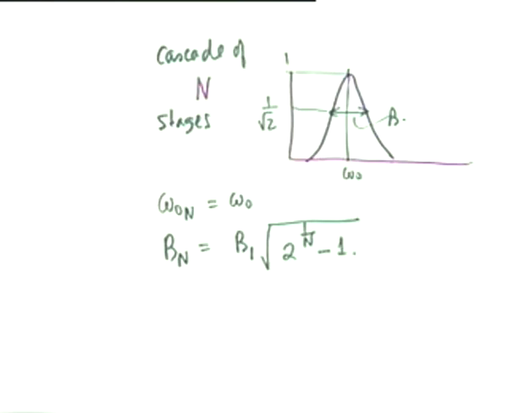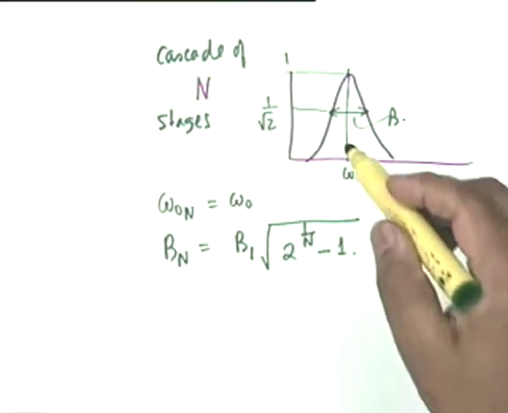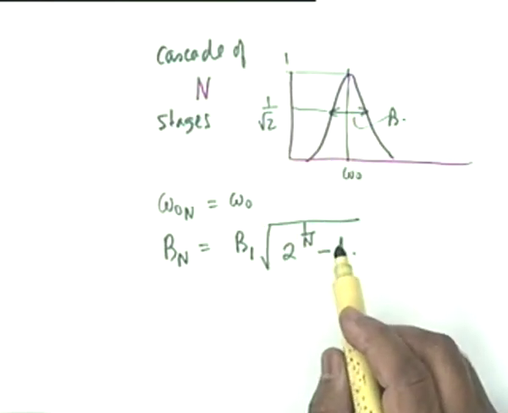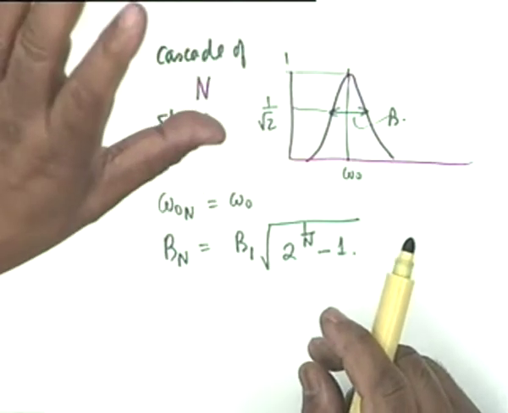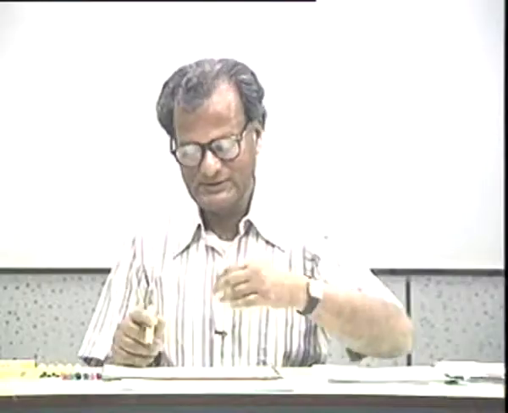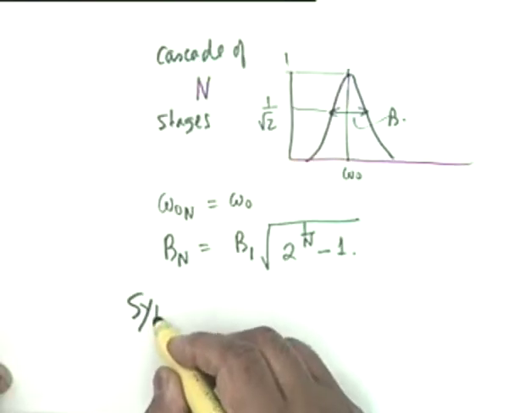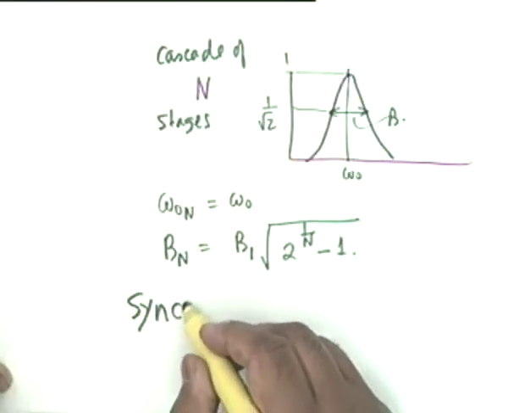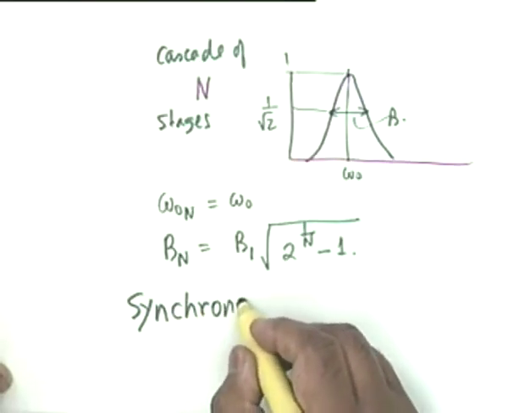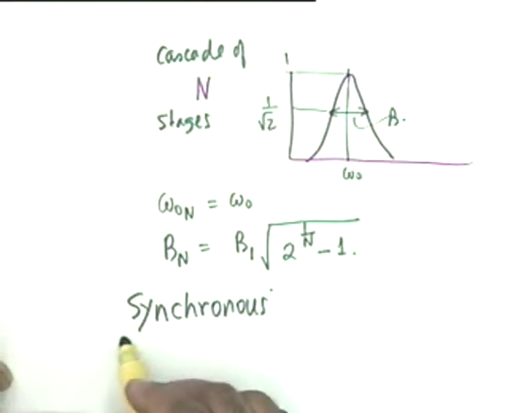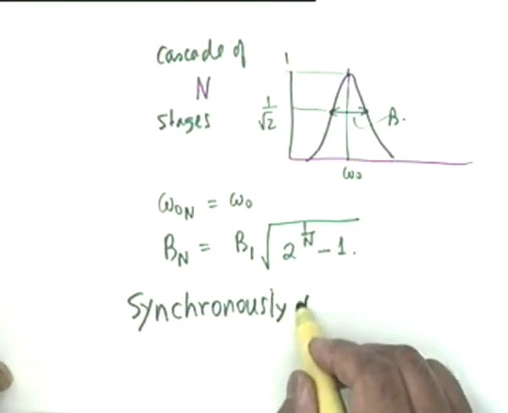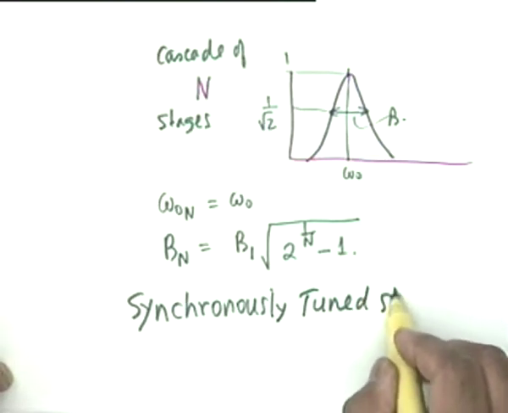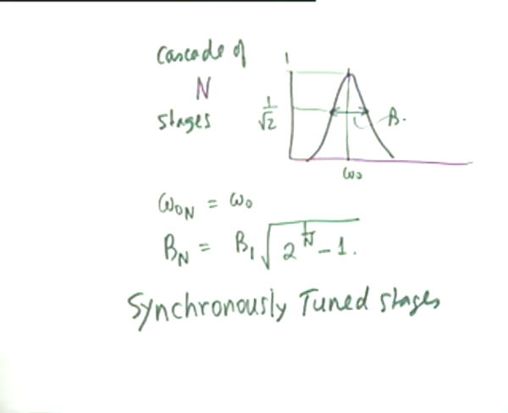How it is derived, I will come a little later, but there is a name given to this. All tuned circuits are tuned at the same frequency, and such cascades are called synchronously tuned stages. The derivation of this is extremely simple.